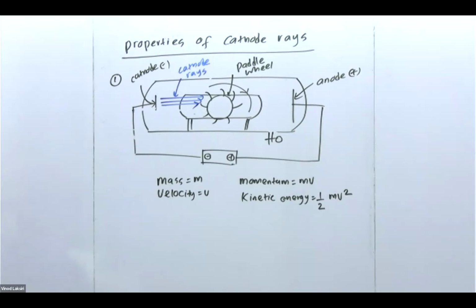Therefore, scientists concluded that cathode rays have momentum and kinetic energy.